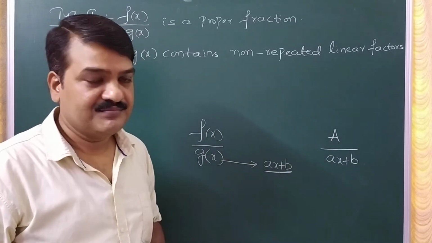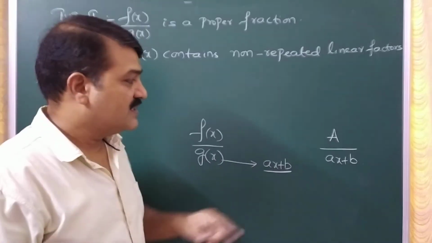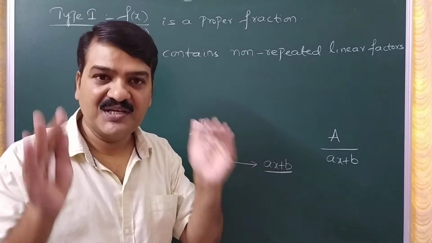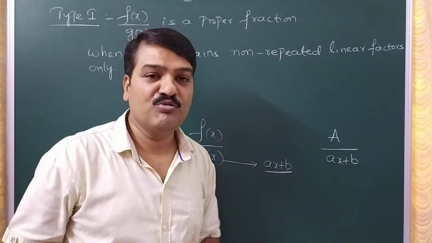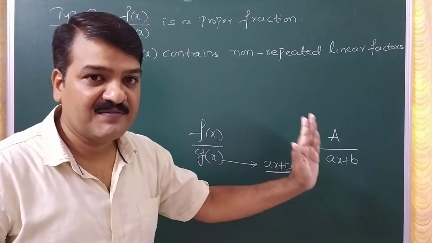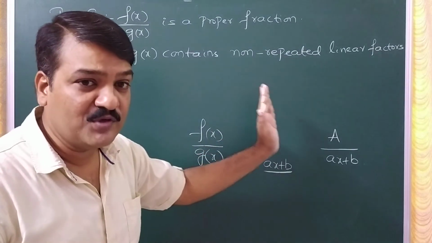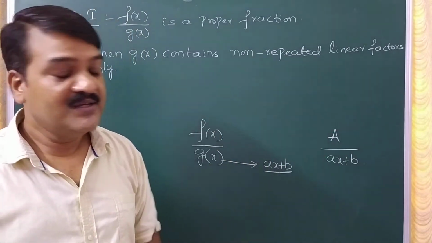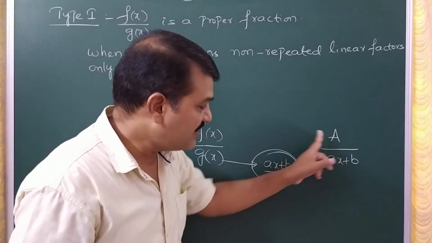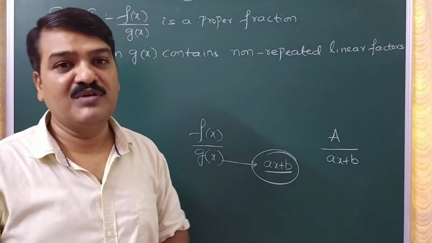You can take anything. You can take x, y, z, p, q, or anything you want. But the numerator must be a constant polynomial, or a 0 degree polynomial only. Why? Because we have to express this as partial fractions. Partial fractions means we have to express this as a sum of two or more proper fractions only. So the partial fraction which we write for this factor must be a proper fraction only.